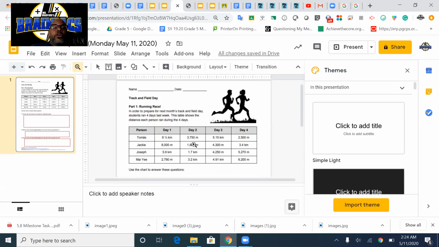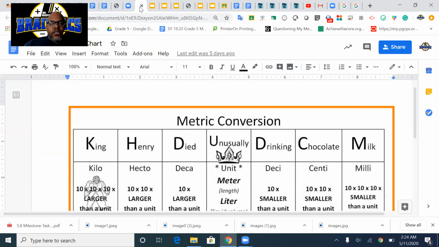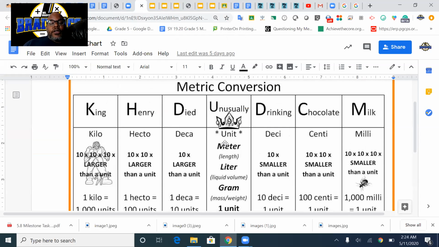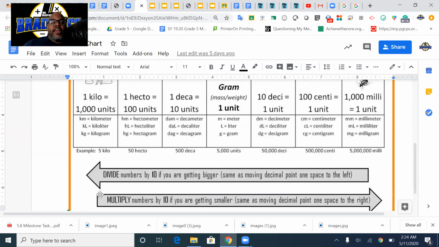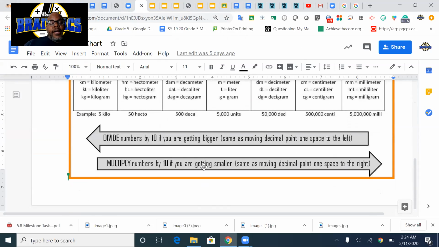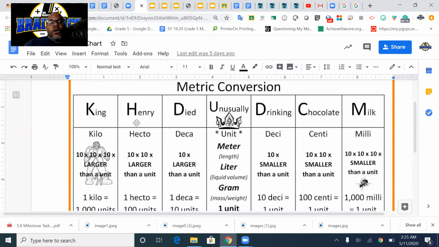So this one, you're going to be using your chart, because I'm going to include the chart, so you can know how to move from kilometer to meter. Remember, if you're deciding to go from kilometer to meter, you're going to be multiplying by 10 for each one. 1, 2, 3.